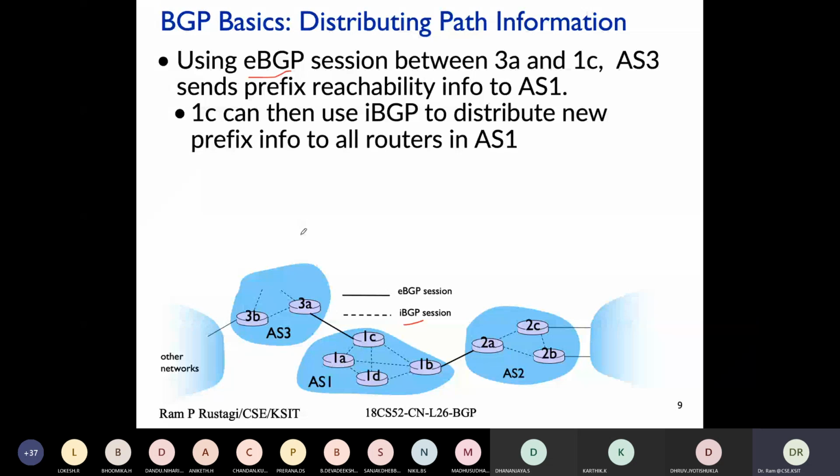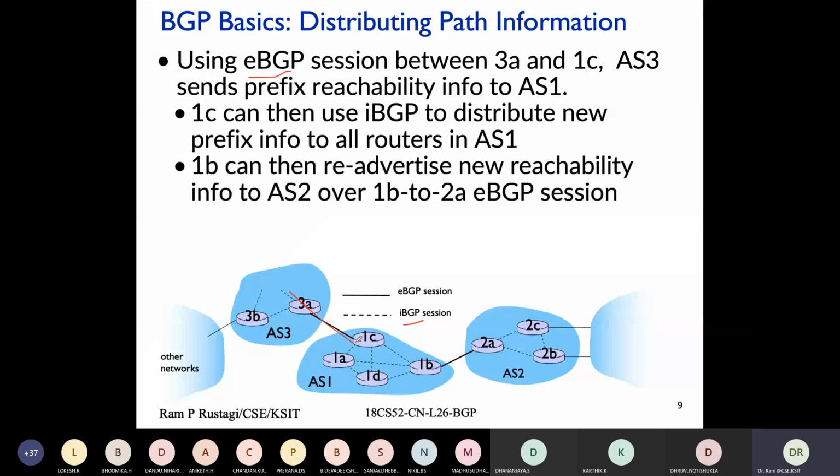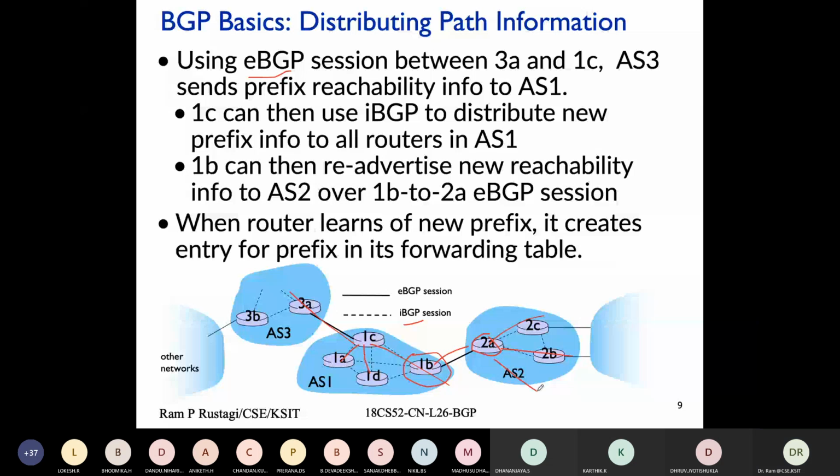So eBGP is used to propagate reachability information across the AS. And then when 1C receives it, it uses iBGP to propagate the same reachability information to all the other routers. And once router 1B, which is the gateway router, receives it, it will use eBGP to advertise the reachability of the networks it learned to AS2, that means to router 2A, and then 2A would propagate the same information using iBGP to other routers within the autonomous system.